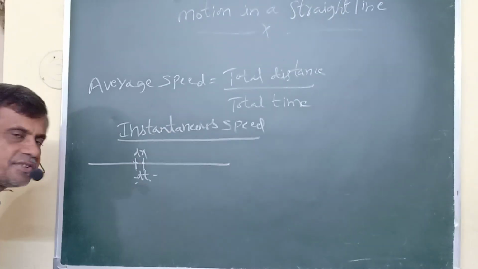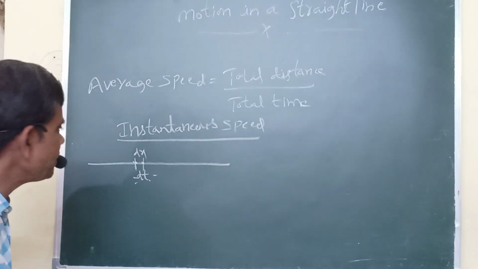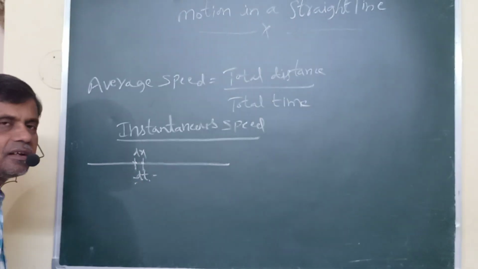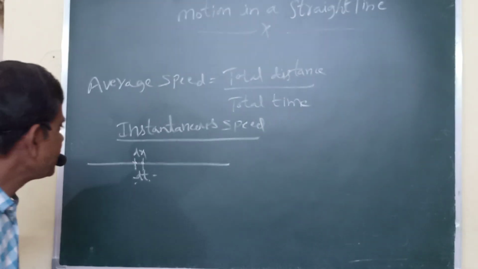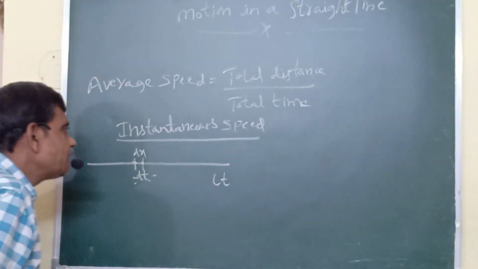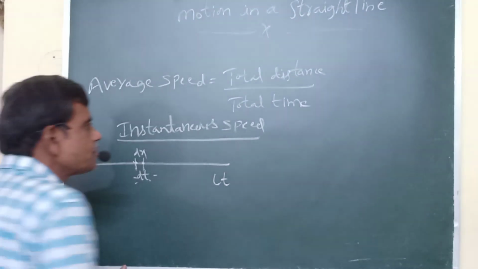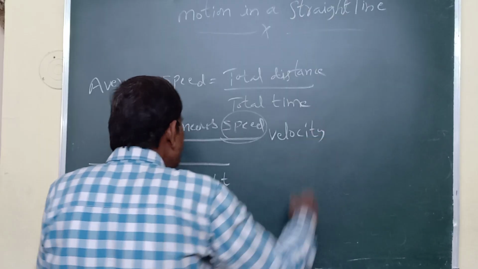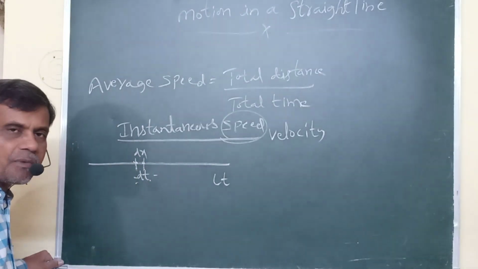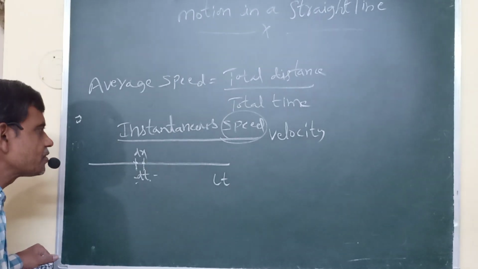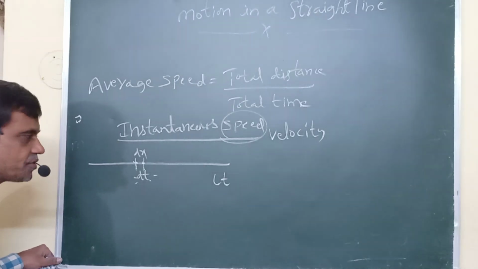That speed is called instantaneous speed. Instantaneous speed means that you take as instantaneous velocity only. Because if the length becomes small, distance becomes displacement only. If the length becomes small, the arc is also considered as a straight line. So the word instantaneous velocity is perfectly used.